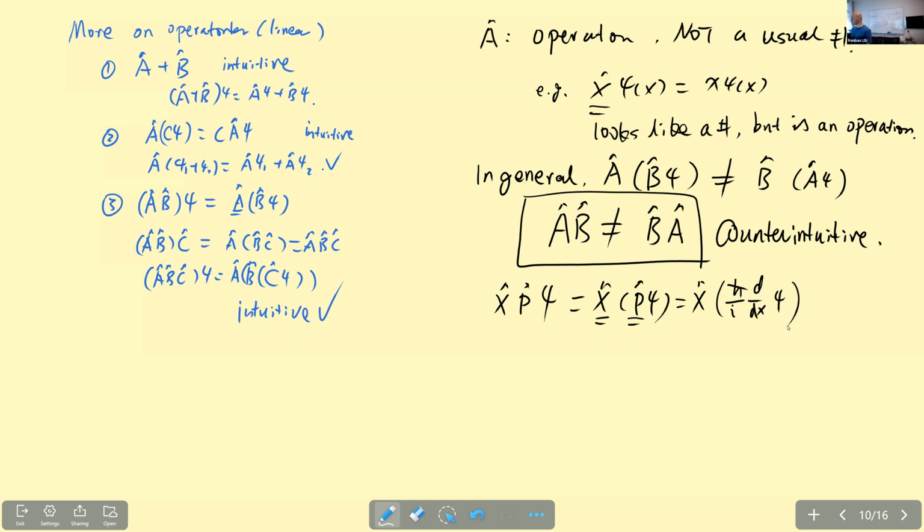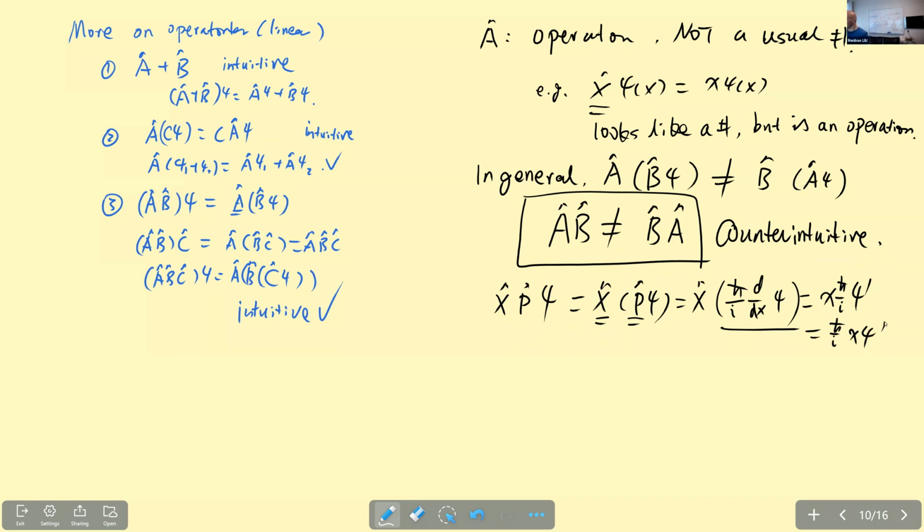That's pretty good. And then this is a function now, and x acting on this is just multiplying by x. So that's x h bar over i psi prime, a differential of psi. So that equals h bar over i x times psi prime.